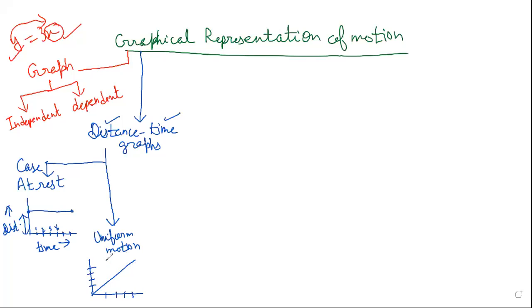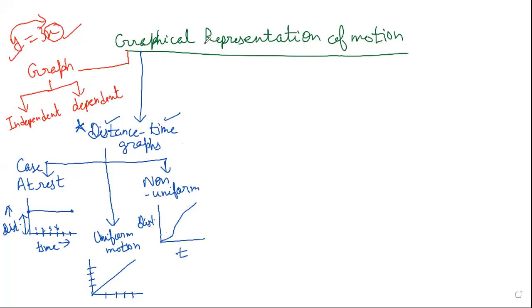So this is uniform motion. And the third one, we know that for non-uniform motion, the body covers unequal distances. It will not remain uniform. So this is about the distance-time graph.